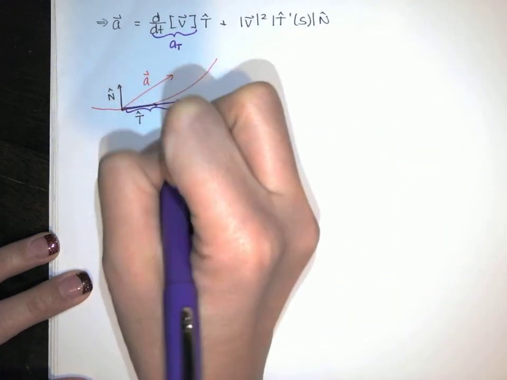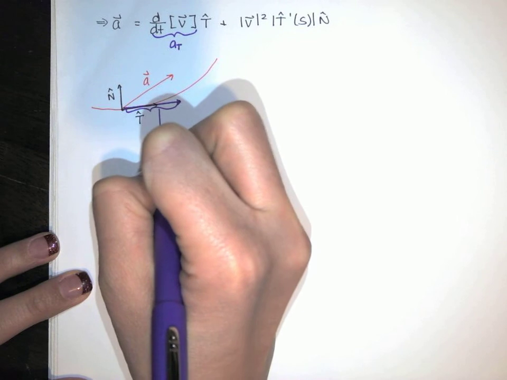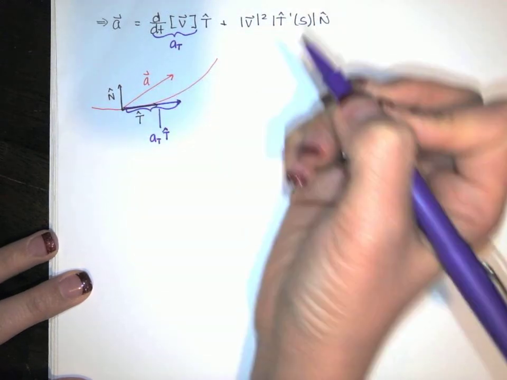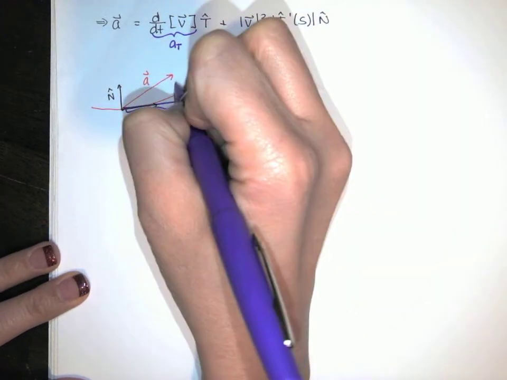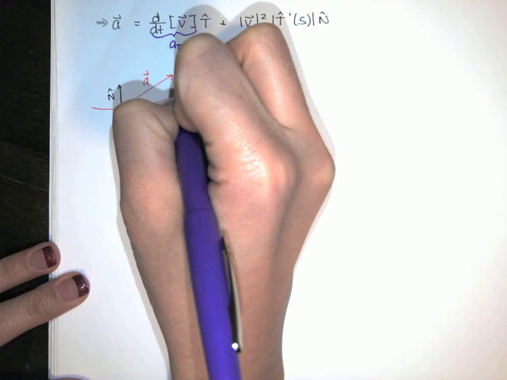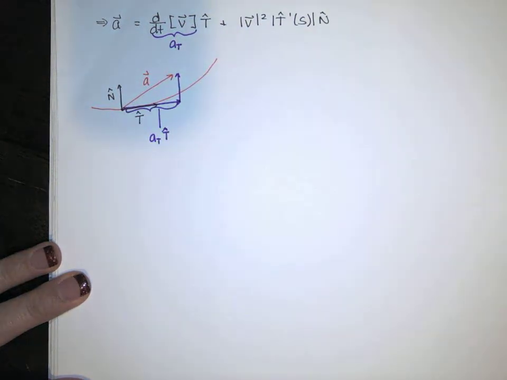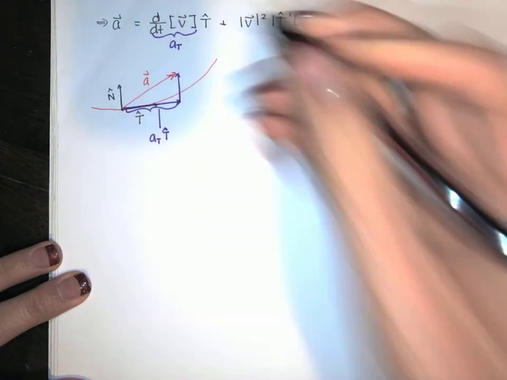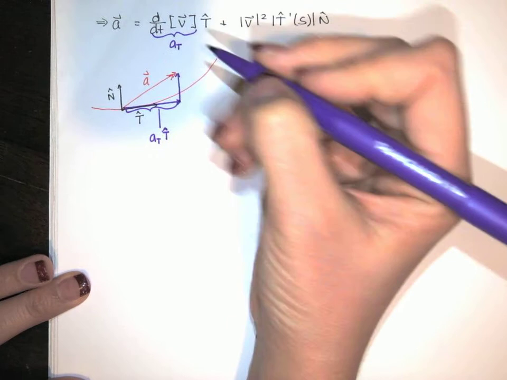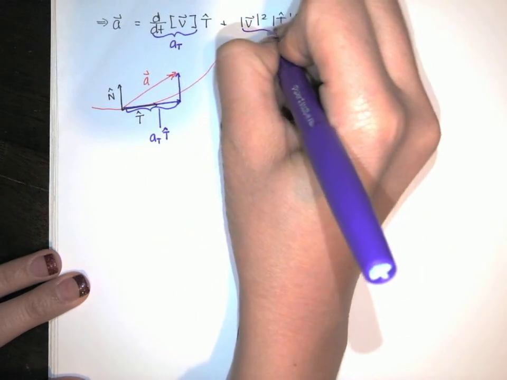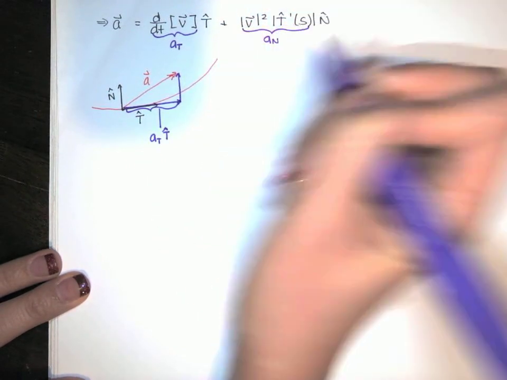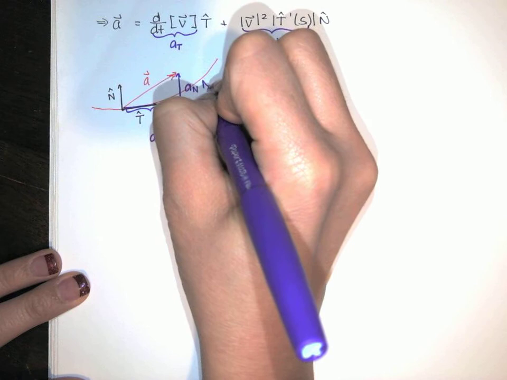So this vector is a sub t times t hat. And then what I add to that to get acceleration back is this vector. That is the normal vector component of acceleration. And it's going to be this constant, which we're going to call a sub n times n hat.